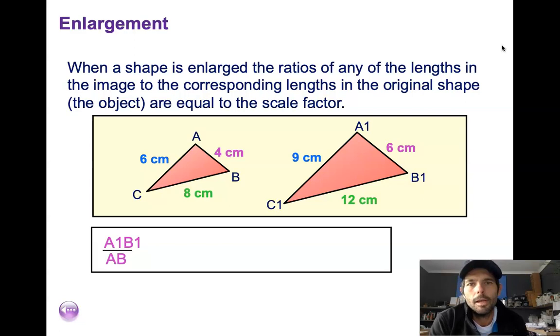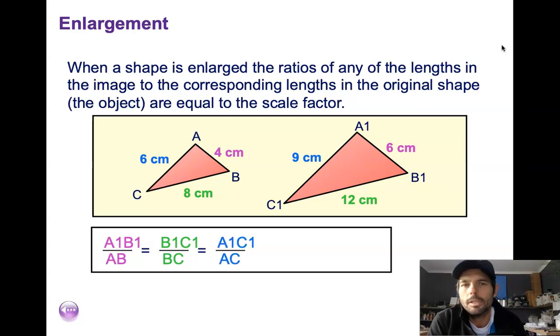Now that scale factor that AB has been enlarged by to get to A1, B1, so from 4 centimeters to 6 centimeters, has to be the same scale factor as B1, C1, so 12 centimeters, which has been enlarged from BC, which is 8 centimeters, and that needs to be the same as A1, C1, which is the 9 centimeters, which has been enlarged from AC, which is 6 centimeters.